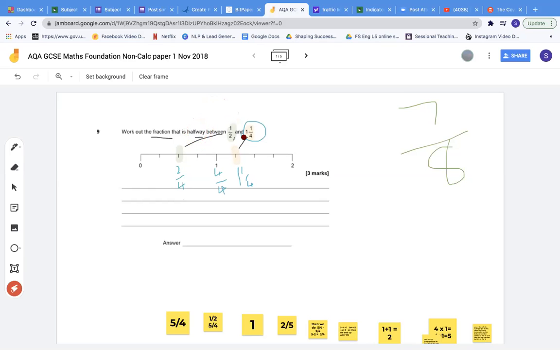So where is that on the scale? You've marked out where the half is. How do we get the halfway point between these two? We would put 3 over 4 just after the half. Okay, just put it here. Yeah, got it. So we would have done... I don't remember.